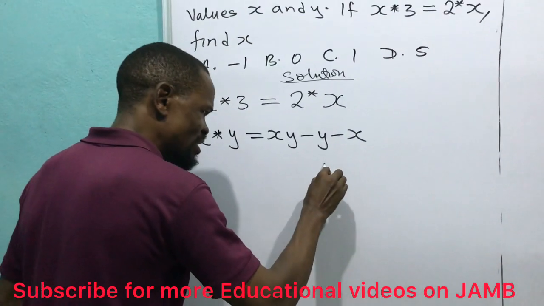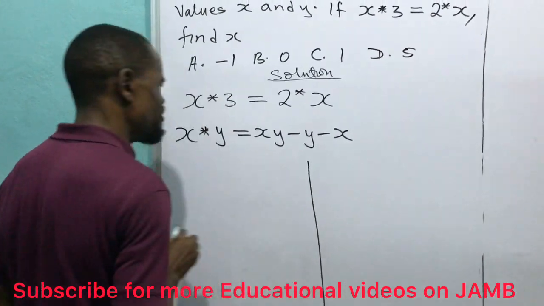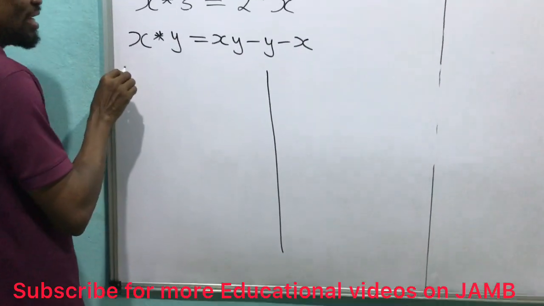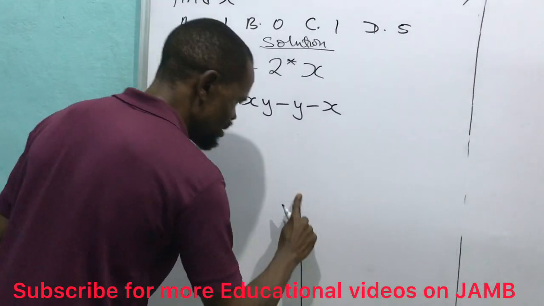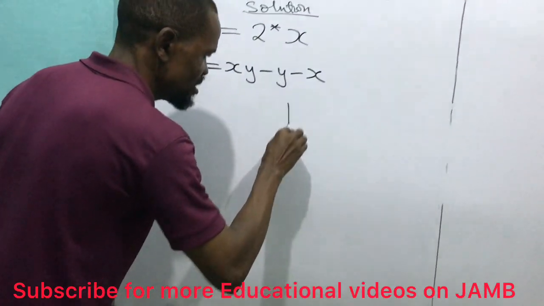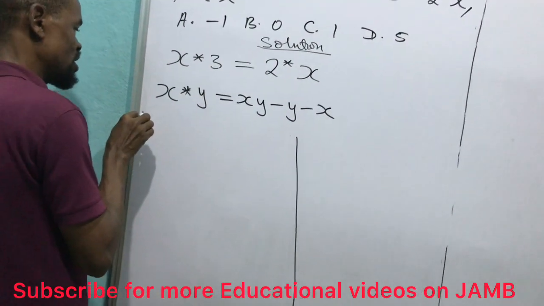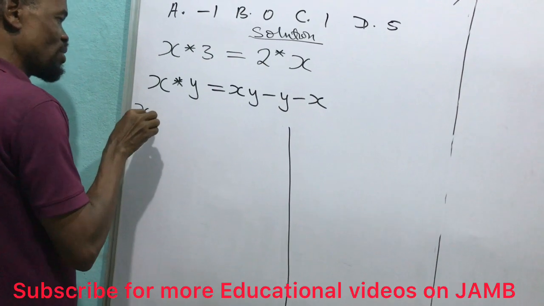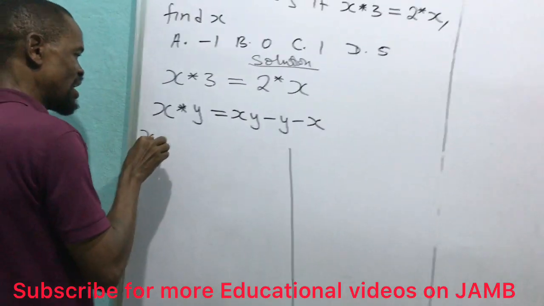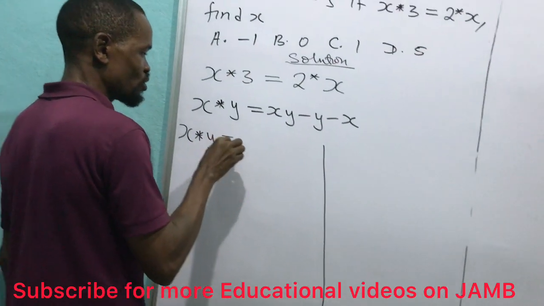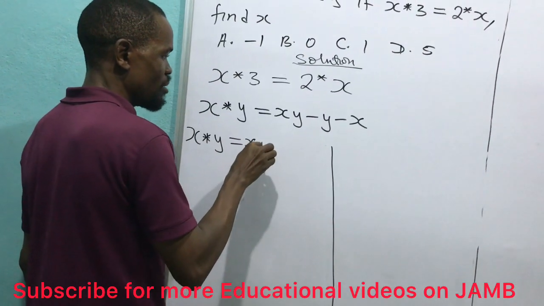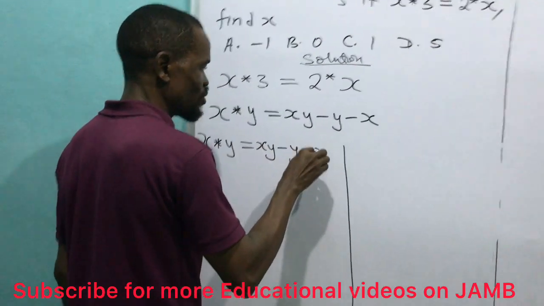I can divide this into 2 now. Let me divide it into 2 properly. Let me see what the space will be here. I'm taking this operation here, x. I think you see what I'm doing. This here, y is equal to x, y minus x.